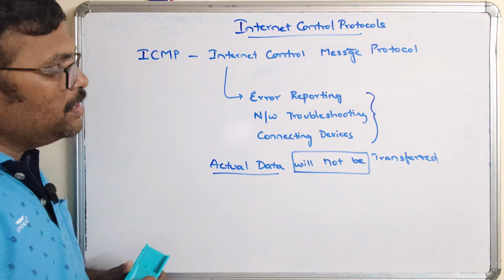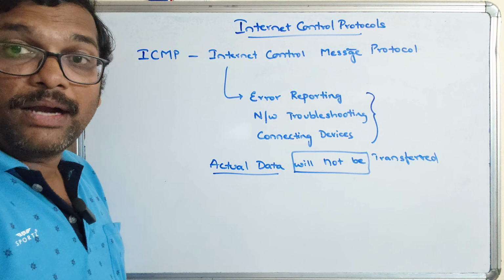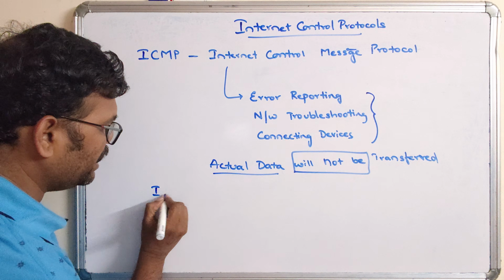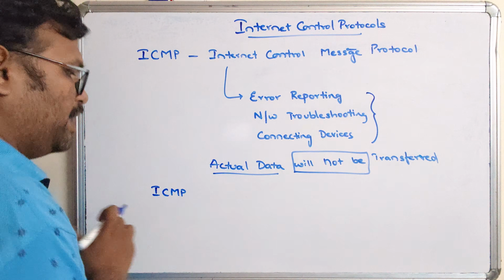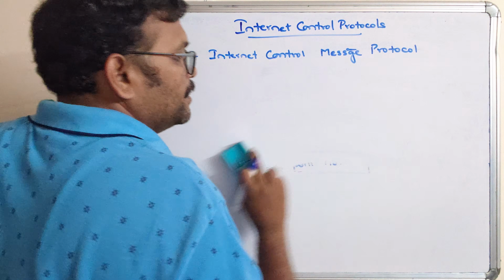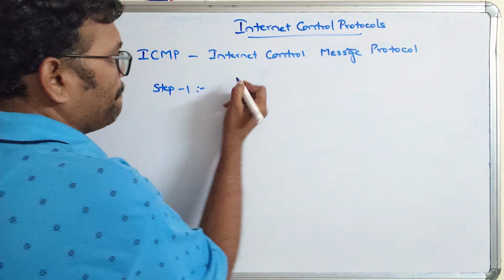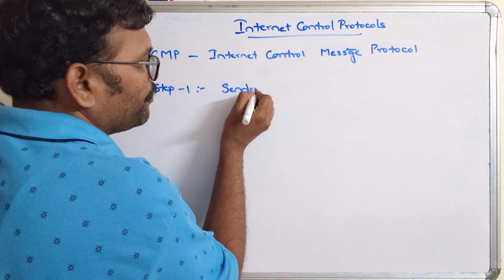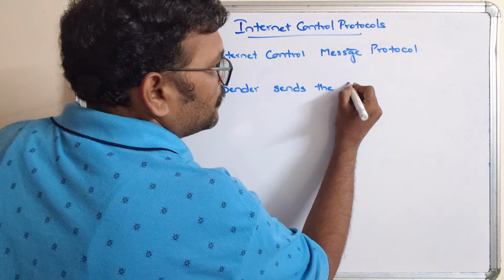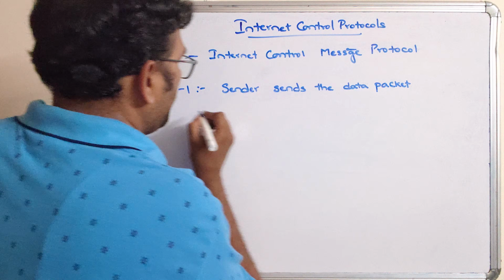Okay, now what kind of messages will it be sending? Actually, this will be sending the ICMP messages. Let me write the complete steps. Step 1, the sender sends the data packet.